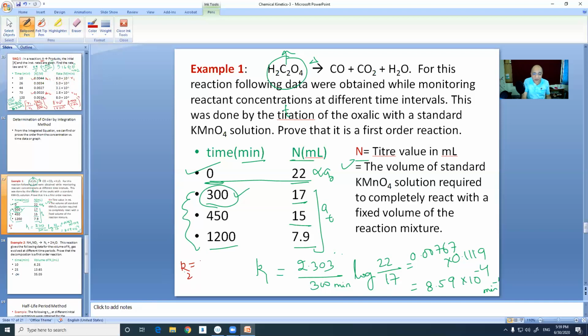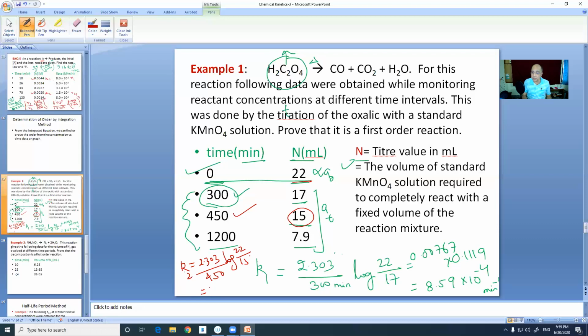So the same 2.303 by the new time period, which is 450. Log A0 is constant. 22 by 80 here will be 15. So you will find, let me spend time, this value is fixed. No, not fixed. Every value has changed. So at least this value, let me do that.